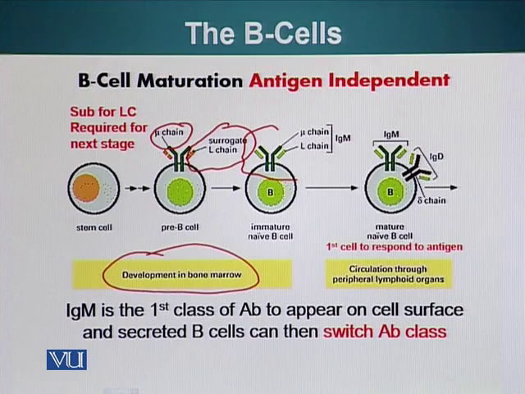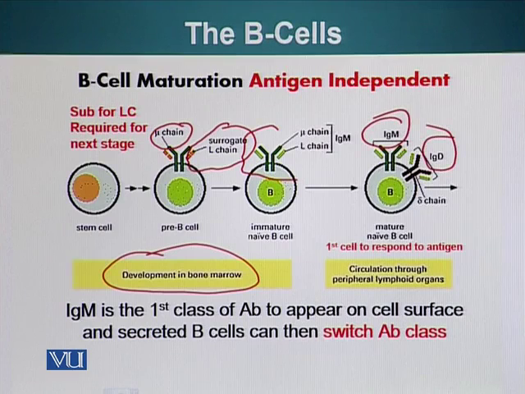Immature naive B cells are released. They go in the circulation and then they go to the lymphoid organs, like lymph nodes that we have talked about. Here B cells produce another type of antibody on their surface, which is IgD. Here I would like to emphasize and re-emphasize that we will talk about the classes of antibodies. Two classes are mentioned here, IgM and IgD.